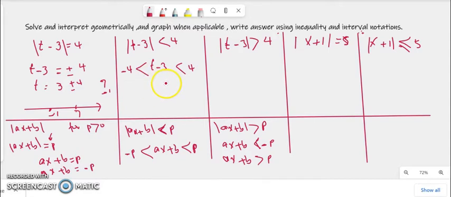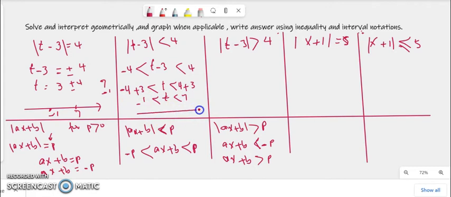And then we can add 3 to both sides. So t is greater than or equal to negative 4 plus 3, and less than or equal to 4 plus 3. So t is less than or equal to 7 and greater than or equal to negative 1.